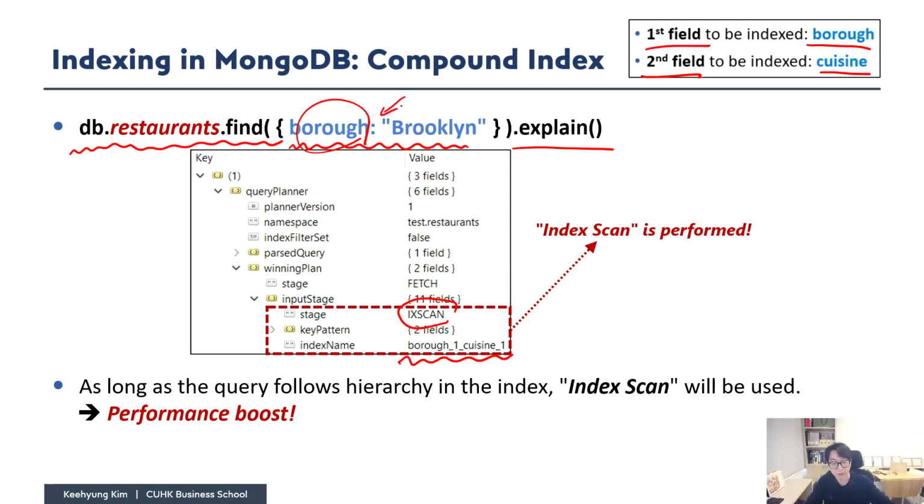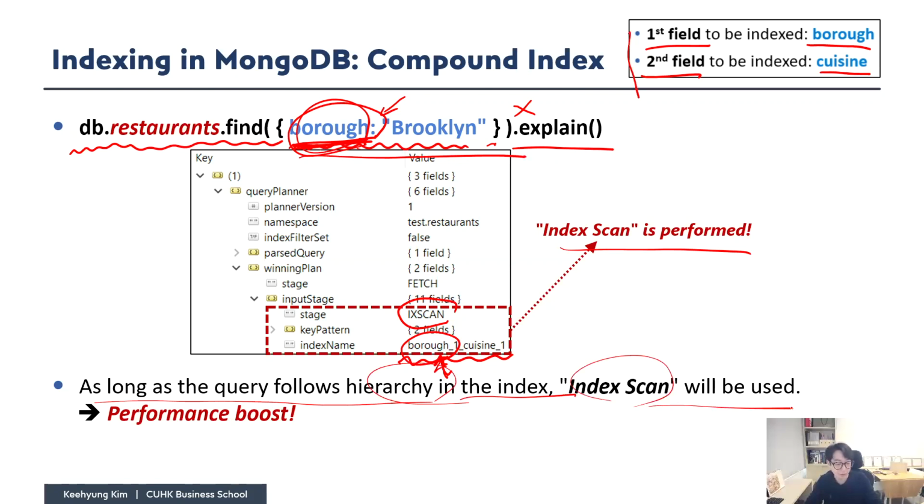It's because the hierarchy is still the same. The first hierarchy is borough, and there is no other hierarchy. So when you specify multiple fields, as long as those fields follow the hierarchy from the top, it will use an index scan. That's something you have to keep in mind.